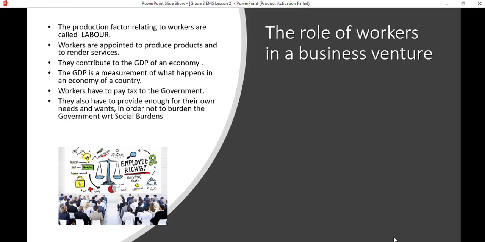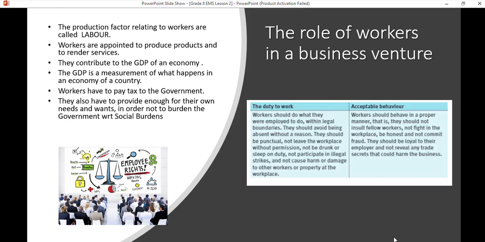That would be in an ideal economy, that everyone works, everyone's got a job, everyone pays tax, and the government can render their services accordingly. But that doesn't happen, so there's a lot of social grants that help alleviate the pressure. Okay, it's not social burden, it's social grant.